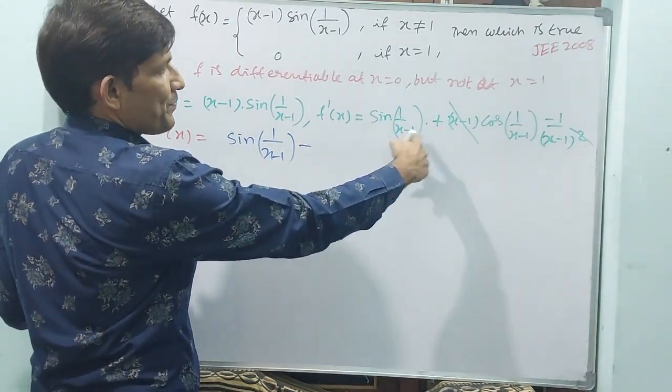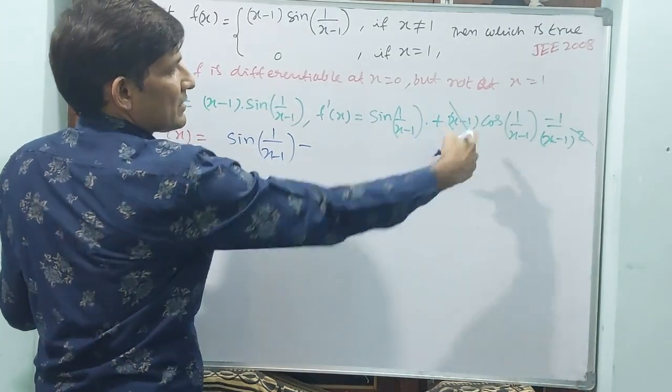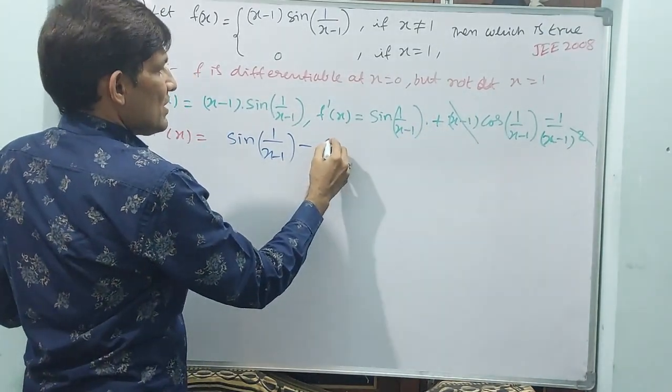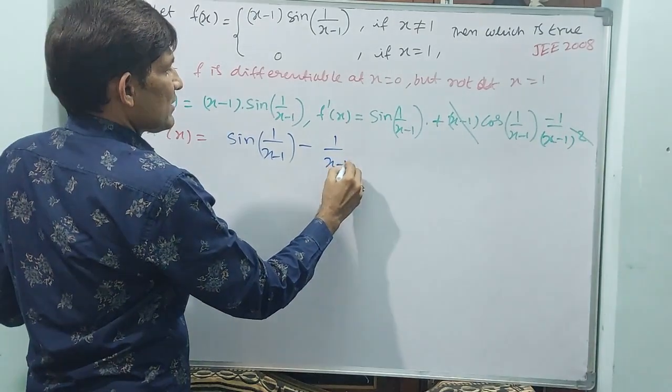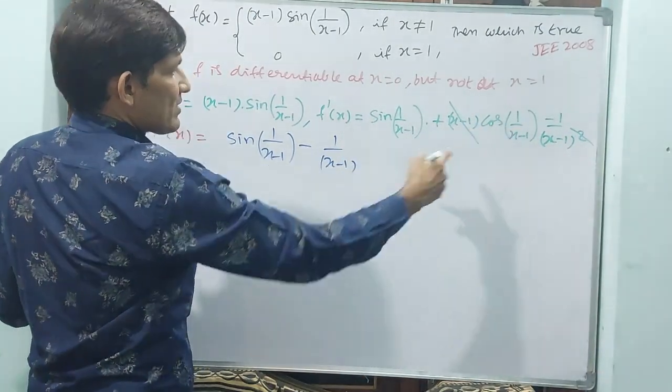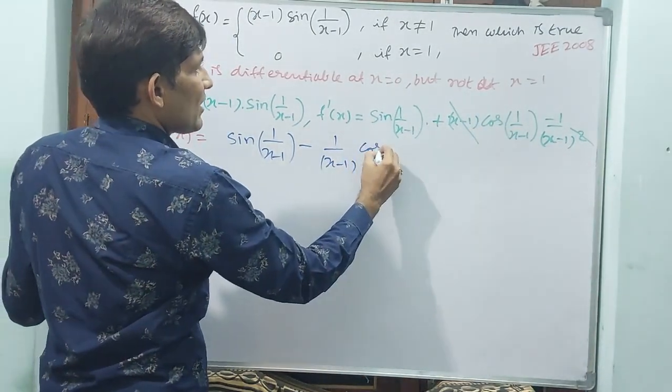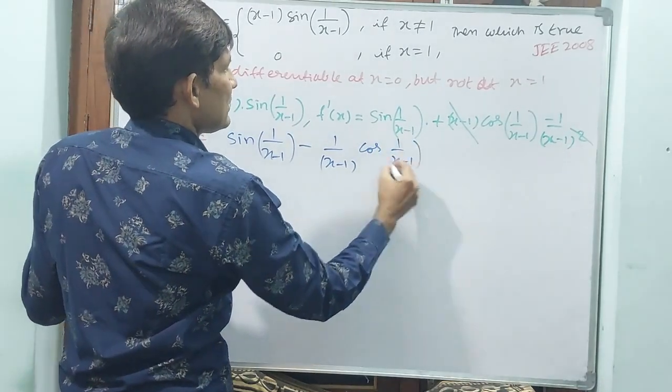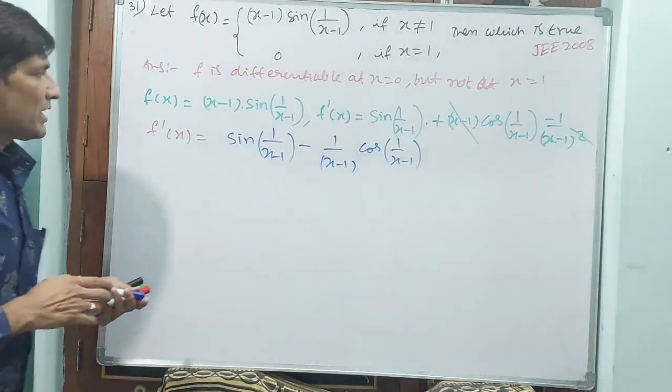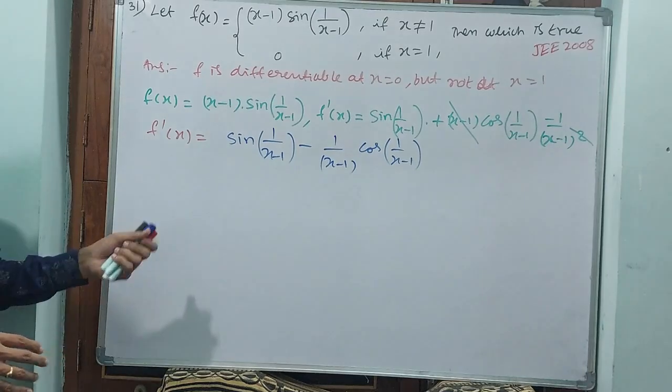The square is cancelled, one x minus 1 will be there, and the cos of 1 by x minus 1. Okay, see, this will be there.